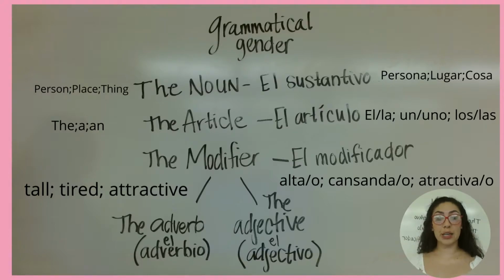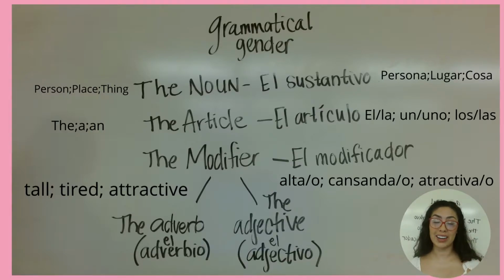So already we can see where this gets complicated. Just for an example, in English, the noun is a person, a place, or a thing. I just used nouns and articles in that sentence. El sustantivo son las personas, los lugares, y las cosas.